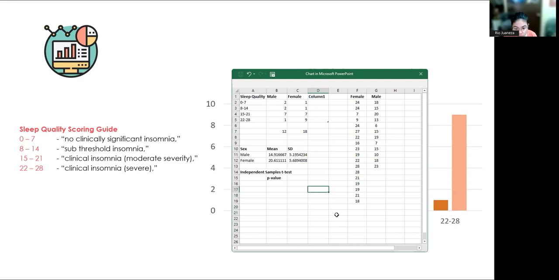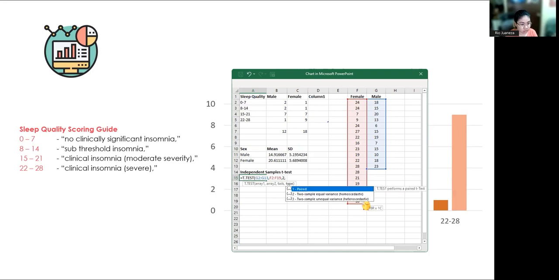Okay. Now, we can determine the p-value, and we will use the t-test function. So t.test, RA1 is male, RA2 is female, tails is two-tailed, and the type is 2.